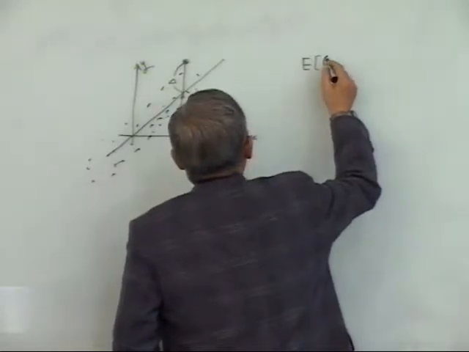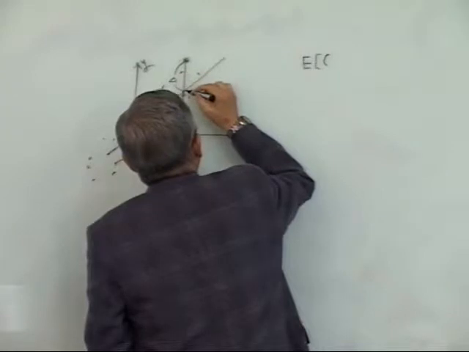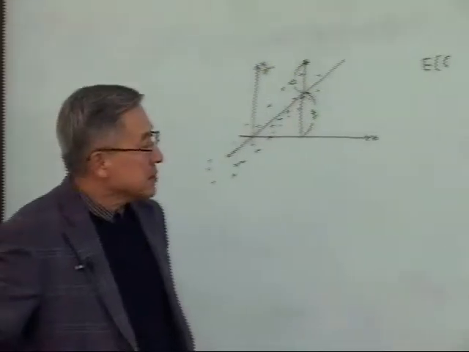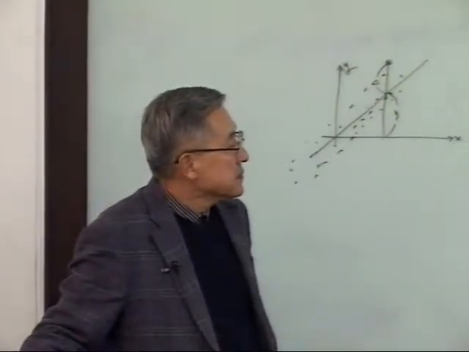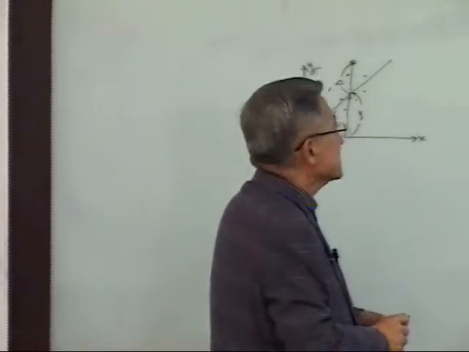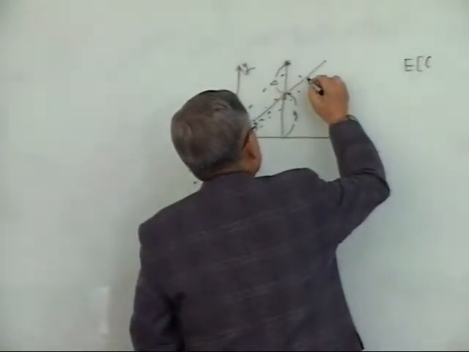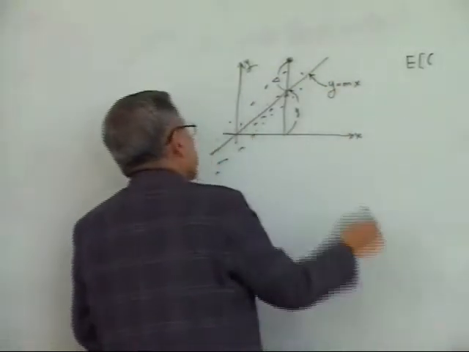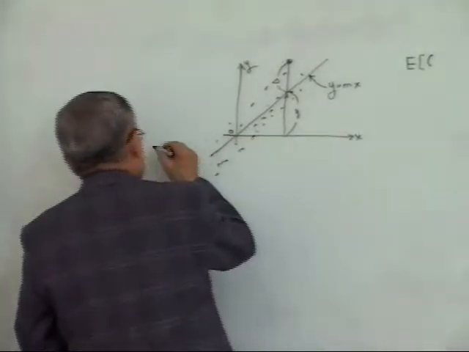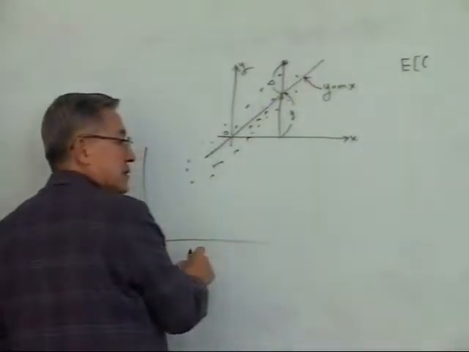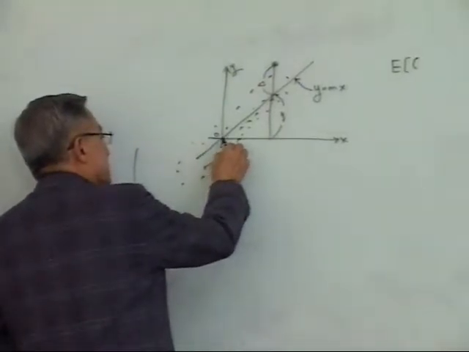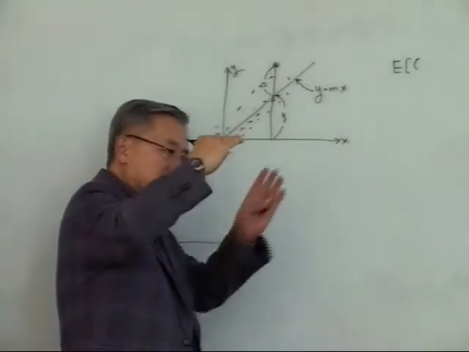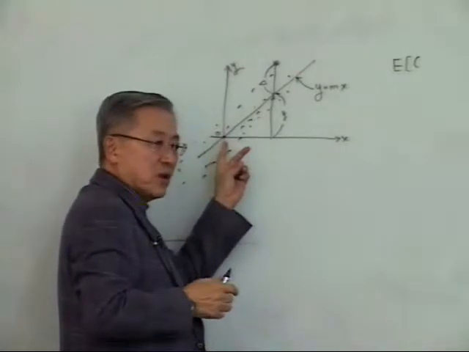This is y, right? So this line we call y equals mx, but this is 0. Real data could be here, but anyway, we set the CG point. We shifted x and y to the CG point.